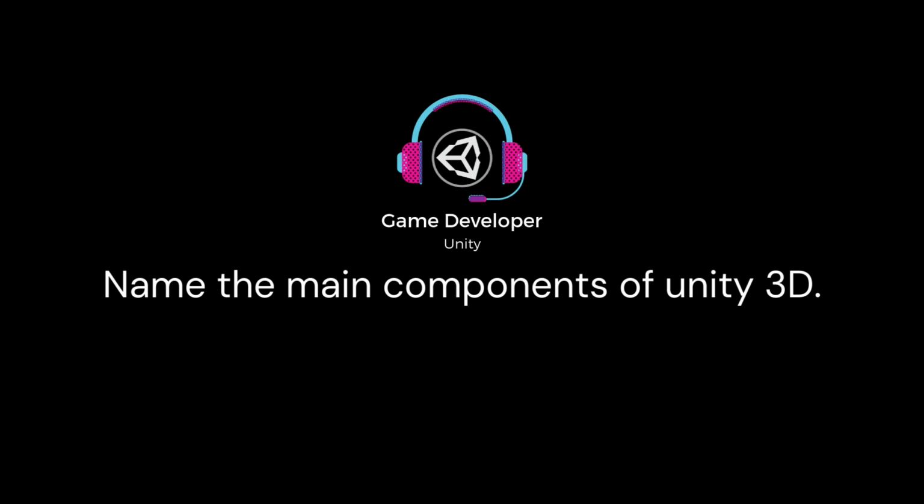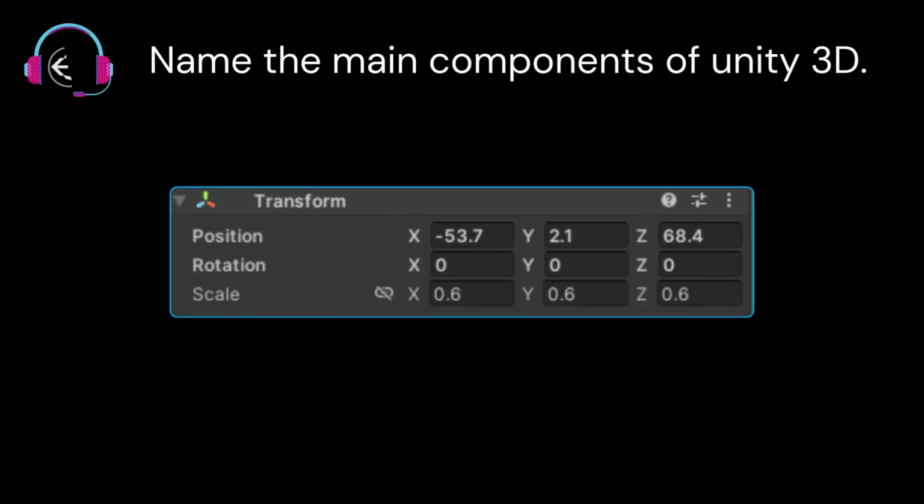Name the main components of Unity 3D. Unity 3D has a set of core components that make up most GameObjects and scenes. These components can be grouped into the default system and custom functionality. Here are some main ones. Transform defines a GameObject's position, rotation, and scale, and every GameObject has this by default.